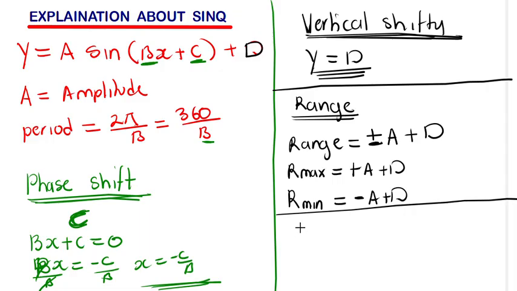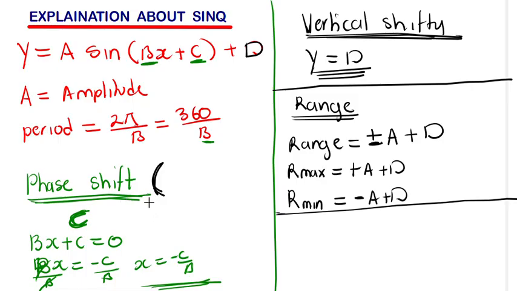And also what you need to take note of is that we are able to calculate the starting point of the graph, where the graph will start from. This is what we call the phase shift. So the phase shift is like the starting point of the graph.